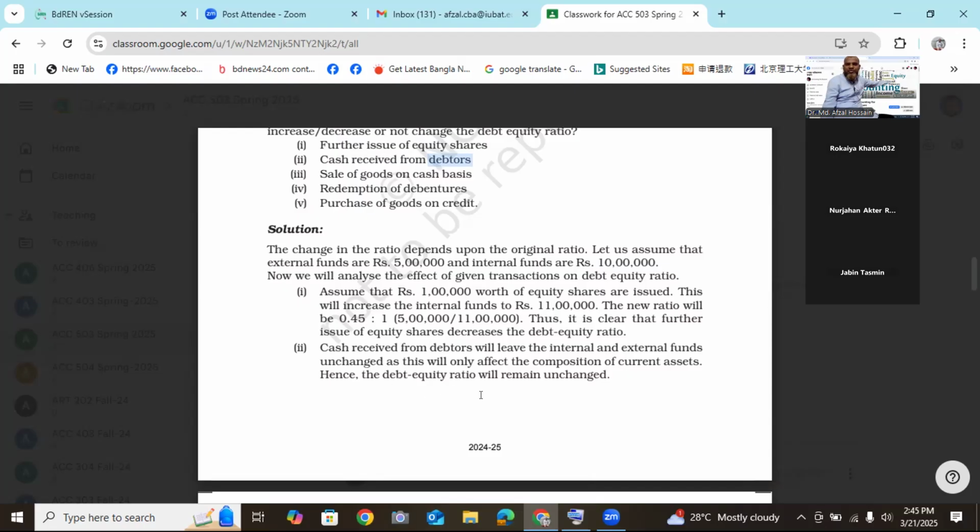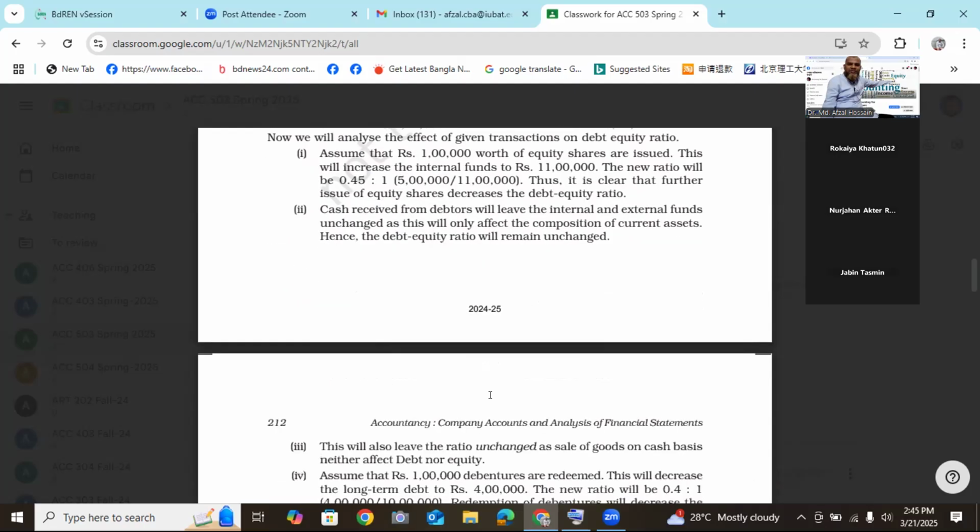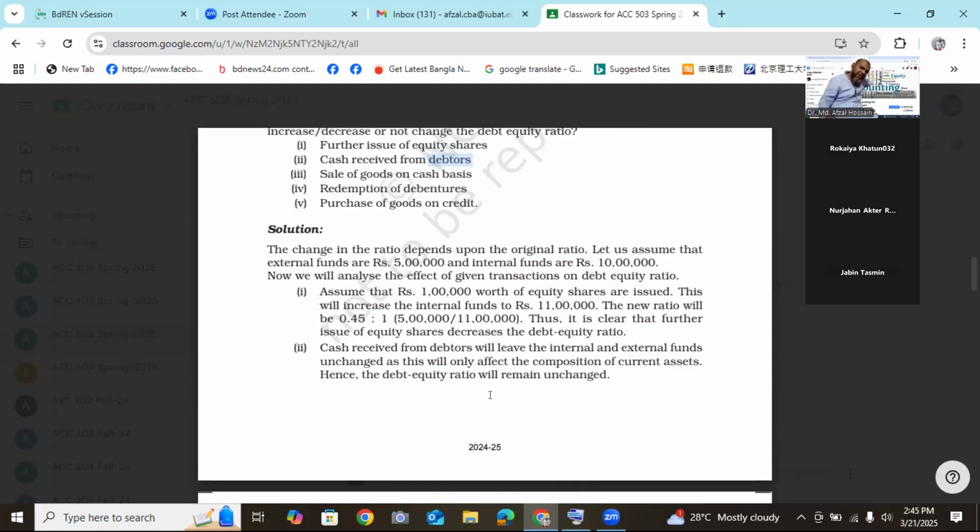If the debtor returns his money, cash is increased, no doubt about it, so current assets increase, but there is no change in long-term debts and equity.